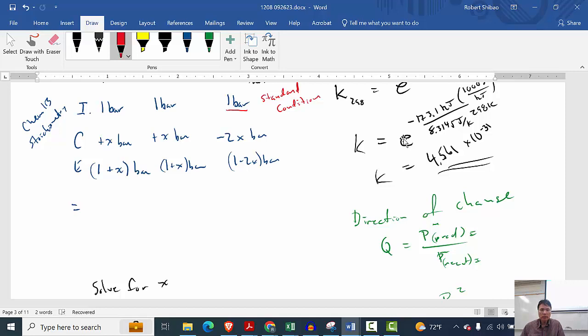What we get is this. 1 plus 0.5 is going to give us 1.5 bar. And we'll have 1.5 bar here. And then we'll take 2 times 0.5, which is going to give us 1. So 1 minus 1 gives us 0 bar here. And so we're going to end up at 1.5 bar, 1.5 bar, and 0 bar.